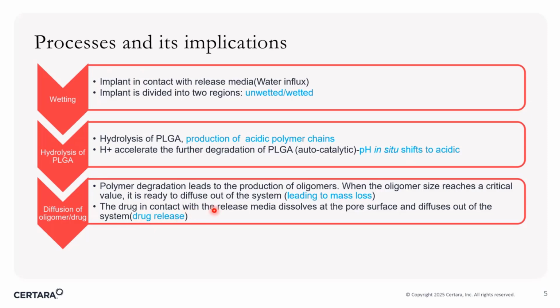Drug dissolution happens at pore level, so we consider the pore surface for this dissolution process. And these are different processes happening simultaneously and handled mechanistically in the model. And one process does not limit another process when it comes to mechanistic handling.